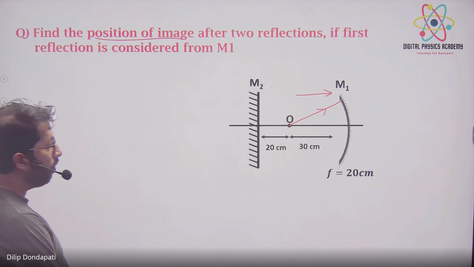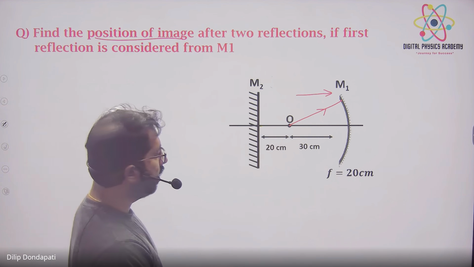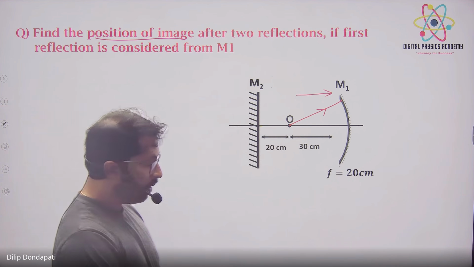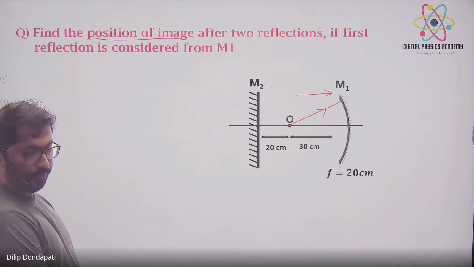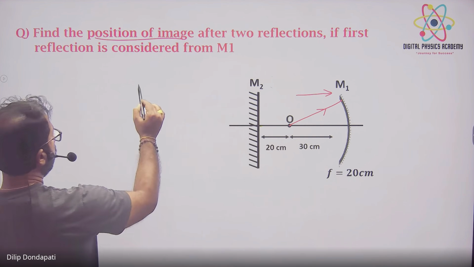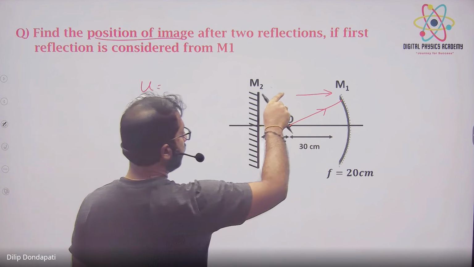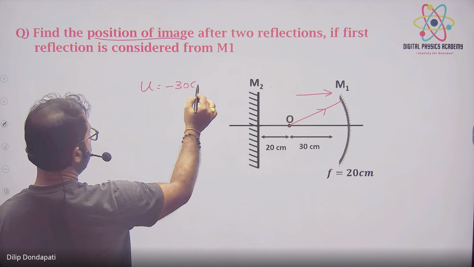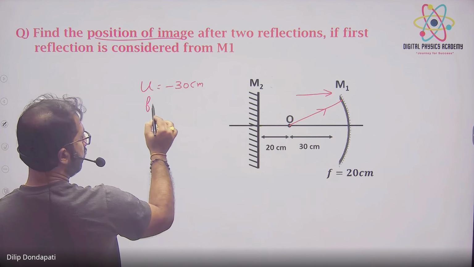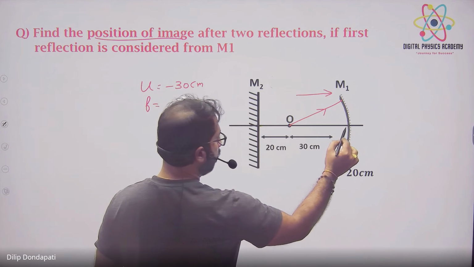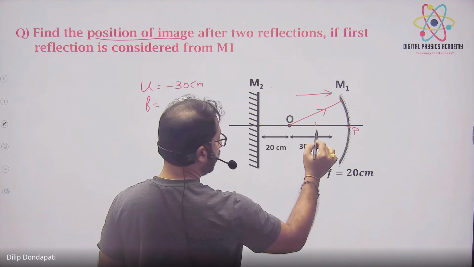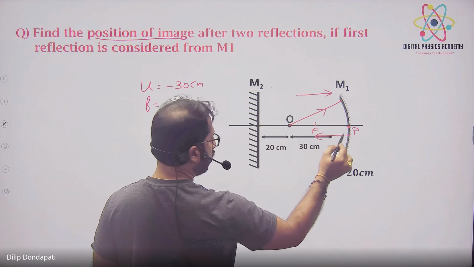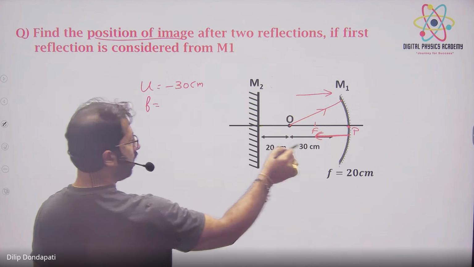So the formula: V is equal to UF by U minus F. Use it and find the image. So U is how much? U is in the opposite direction of the incident ray. So minus 30. F, the focal length, is from pole to focus, right? So focal length is opposite direction to the incident ray, minus 20.